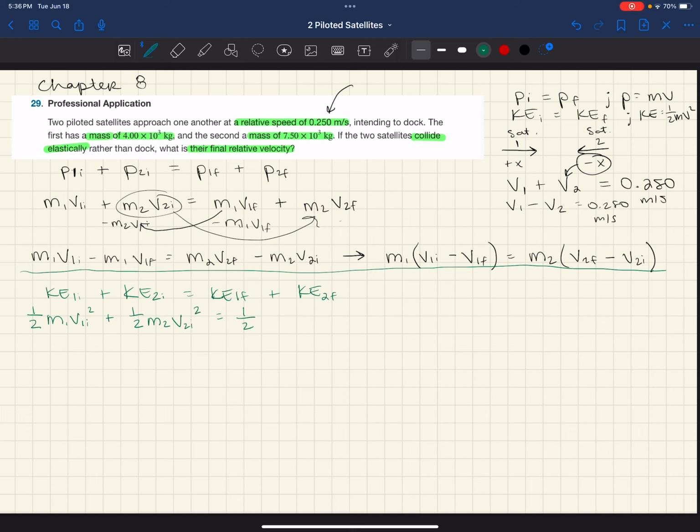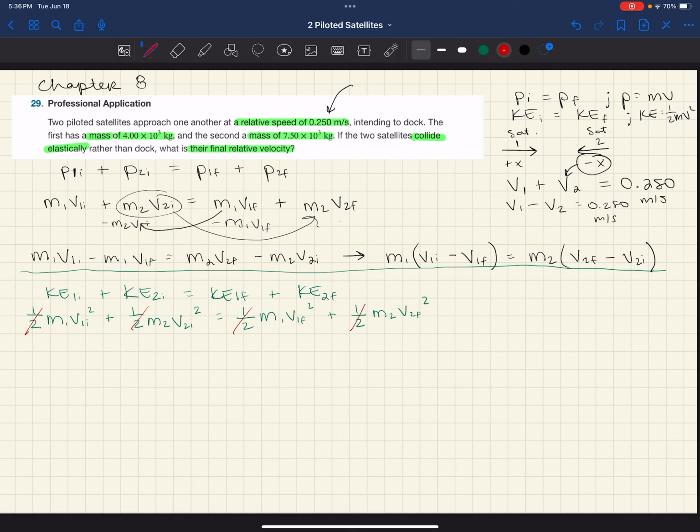We'll do the same on the other side, so 1/2 mass 1, velocity 1 final squared, plus 1/2 mass 2, velocity 2 final squared. Because we have this half present in each part of our equation, we know that the half is going to cancel out, so all my half terms will cancel out.